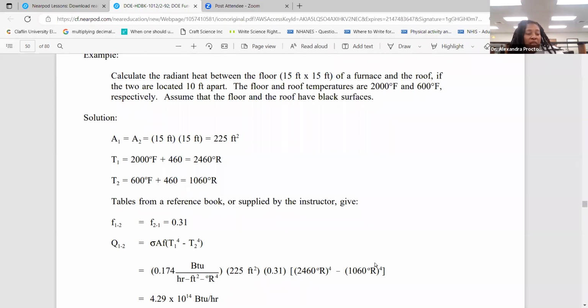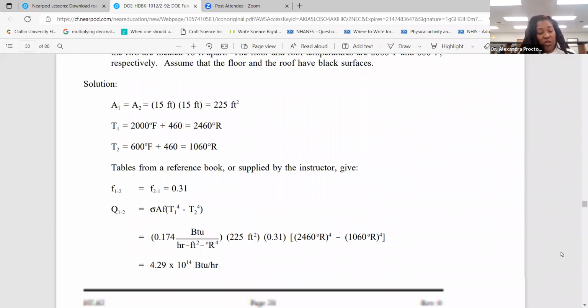Then they substitute in: 0.174 BTU per hour foot squared Rankine to the fourth power, times 225 feet squared, times F, which is 0.31, the given value, times 2,460 raised to the fourth power minus 1,060 raised to the fourth power. And they come up with a Q of 4.29 times 10 to the 14 BTUs per hour.